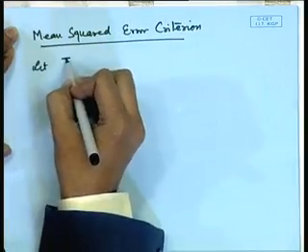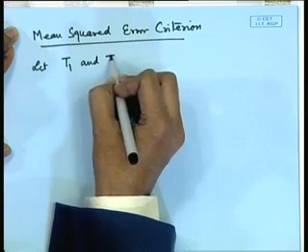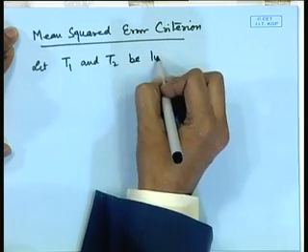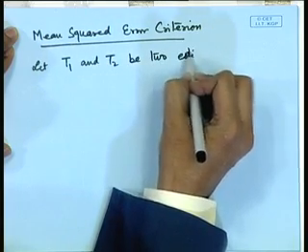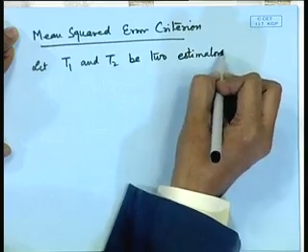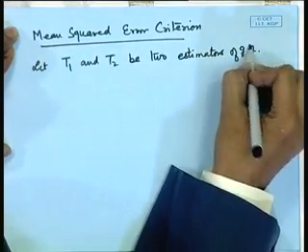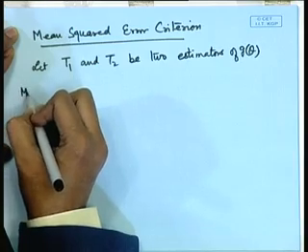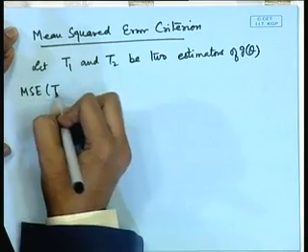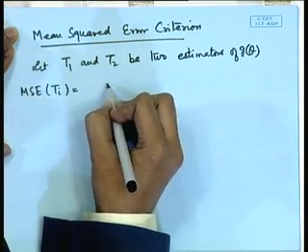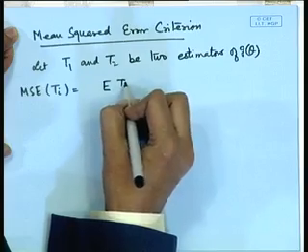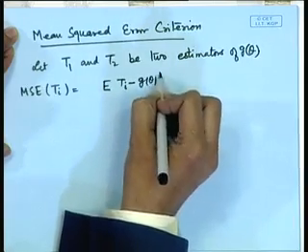Let T1 and T2 be two estimators of theta, say g(theta). Then the mean squared error of T_i is defined as the expectation of (T_i minus g(theta)) square.